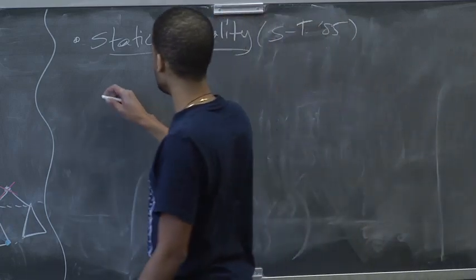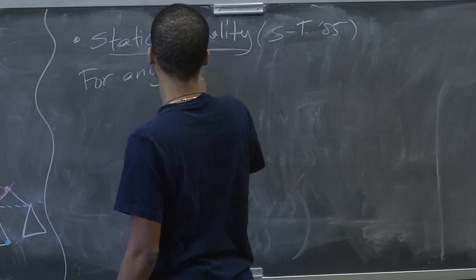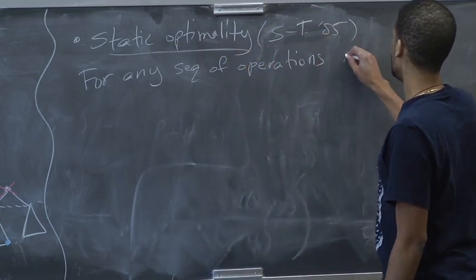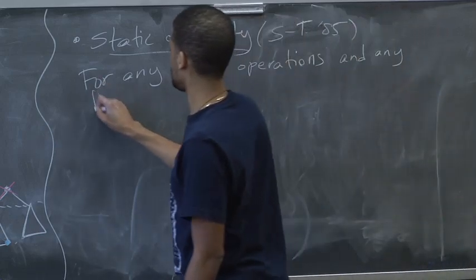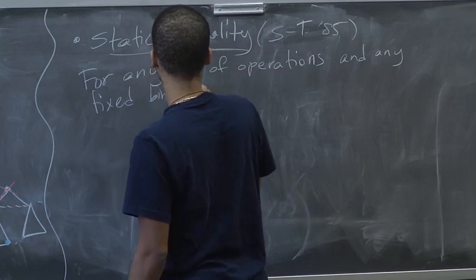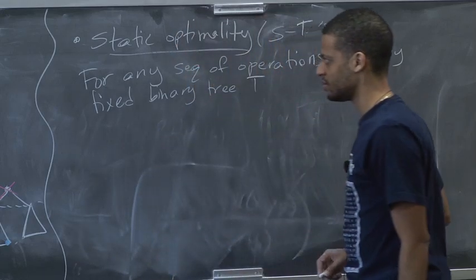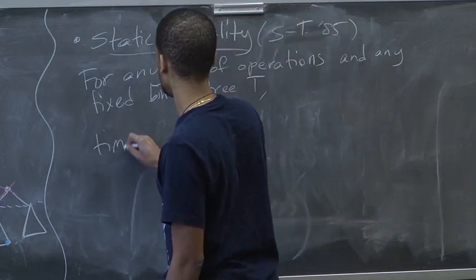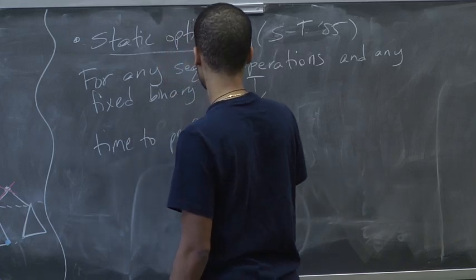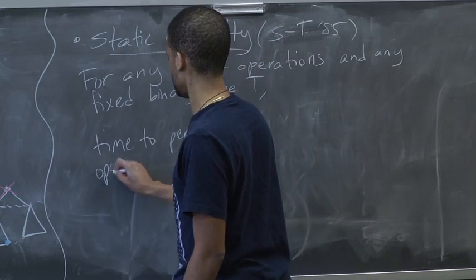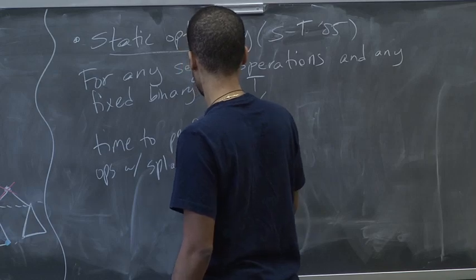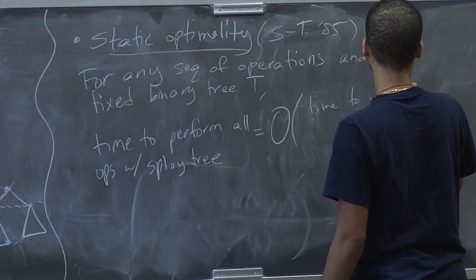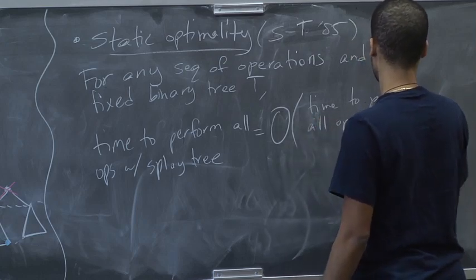So for any sequence of operations and any fixed binary tree T, let's say the time to perform all operations with the splay tree is big O of the time to perform all operations with T.